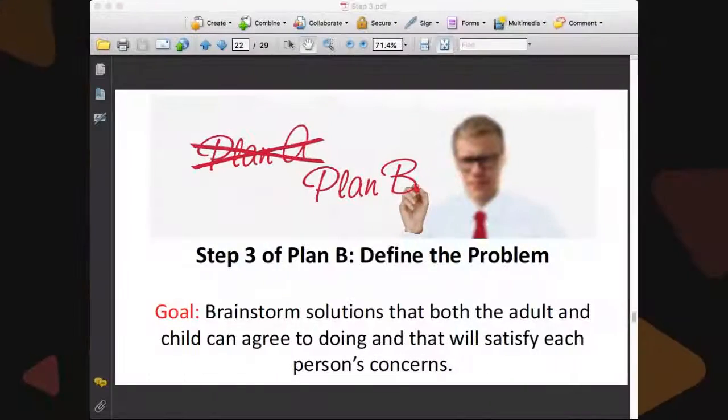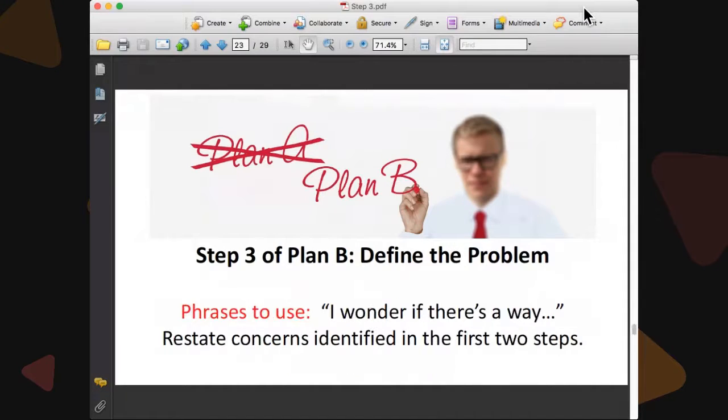And it's not only living with, but you also both need to have some confidence that the solution is going to be workable. And we'll talk in a minute if you try that Plan B and the solution didn't work, because that can happen too, right? But what we're doing in step 3 at the invitation level is to start that brainstorming process.